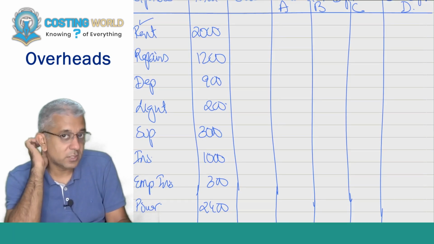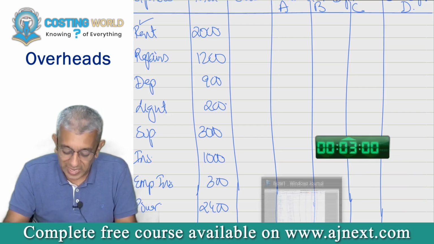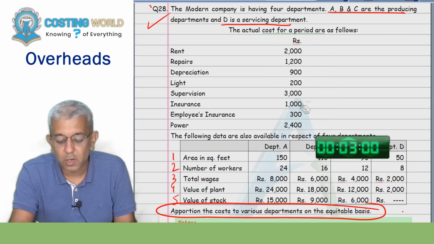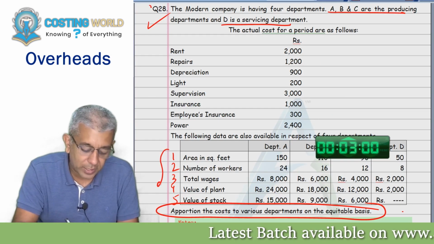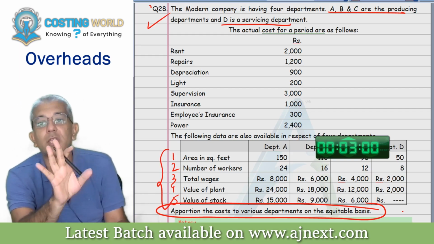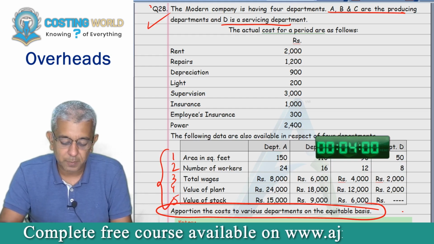Now copy this down and I give you 3 minutes. In your textbook, you are going to write what will be the basis of allocation. You can write down these particular numbers. In case there are 2 bases, you can write this into this, but write it only in the textbook, nothing in the notebooks. I give you 4 minutes. Please start.